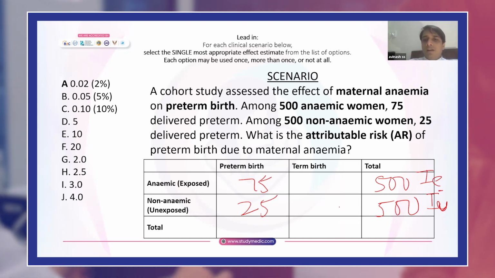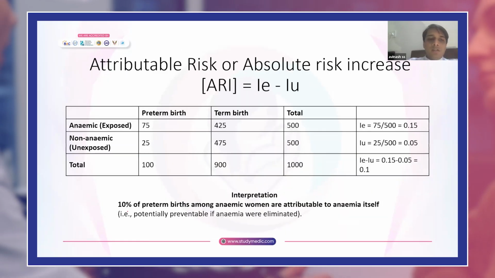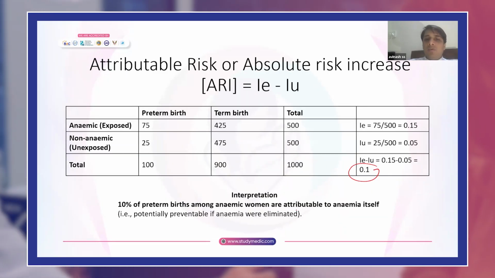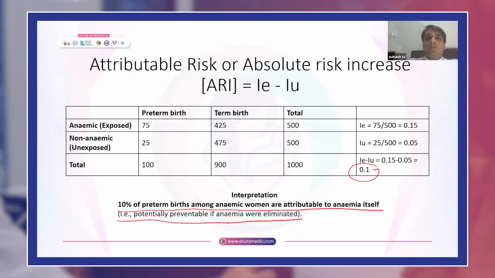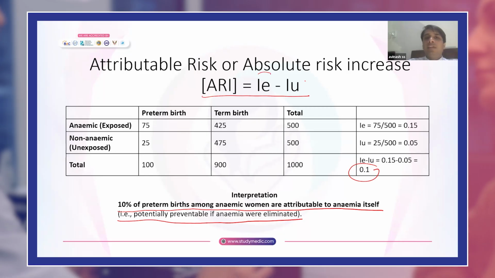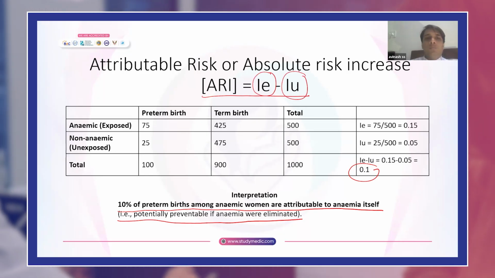Incidence exposed is 75 by 500, unexposed is 25 by 500. When we do that, we get it as 0.1. That means 10% of the preterm birth among anemic women can be attributable to anemia itself, potentially preventable if anemia were eliminated. That is attributable risk increase. When incidence in exposed is more, we calculate this IE minus IU.